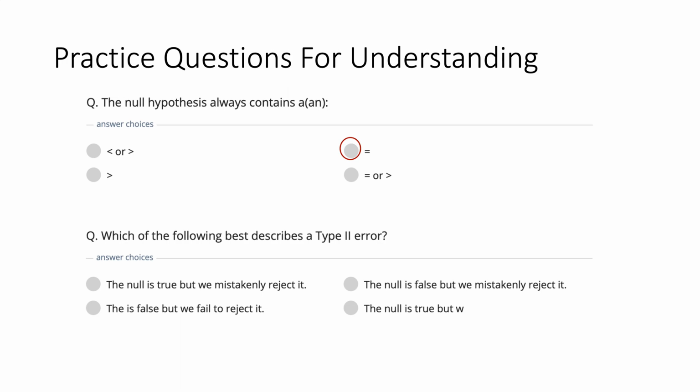The null is true, but we reject it, I guess, is what it says after that. I don't know why the rest of that got cut off. Okay. The null is false, but we fail to reject it. Remember, type 2 always has to do with the null being false. And if it's false, we should reject it, right? But if we fail to reject it, then we have made a mistake, and that's a type 2 mistake.